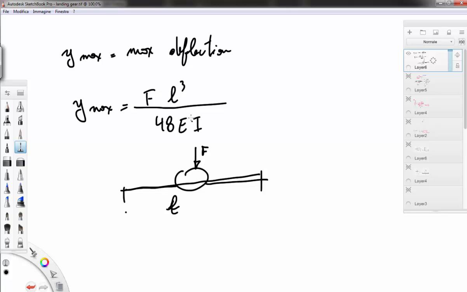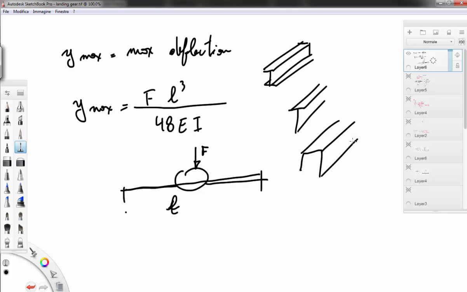These are the mechanical properties of the main spar. So if you are choosing this shape, you will look for the second moment of inertia of this shape. If you are using a T, I don't think so, but you can.